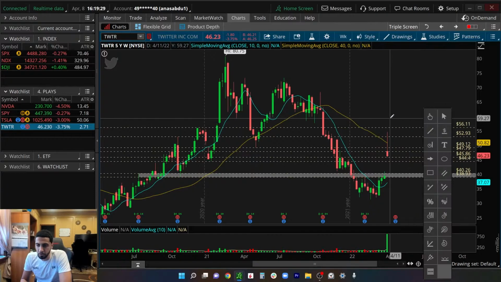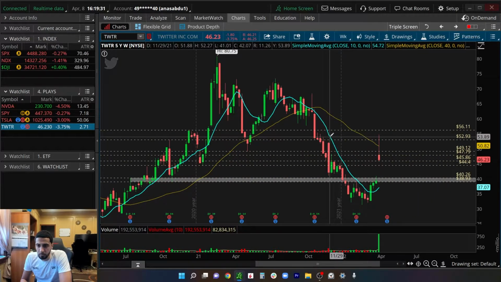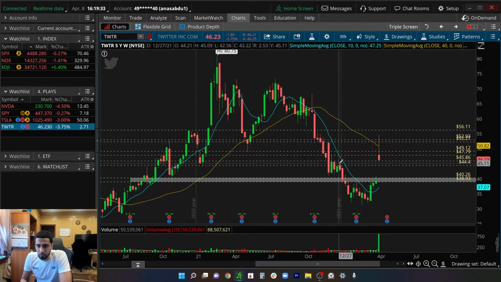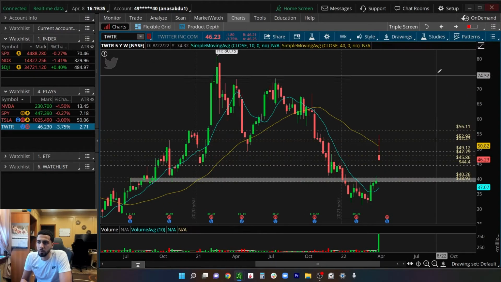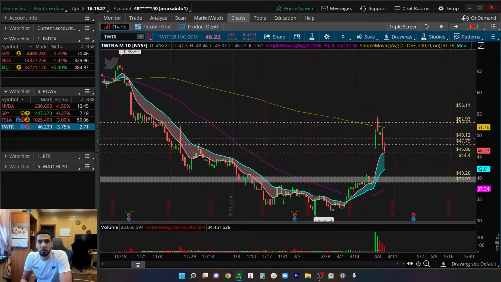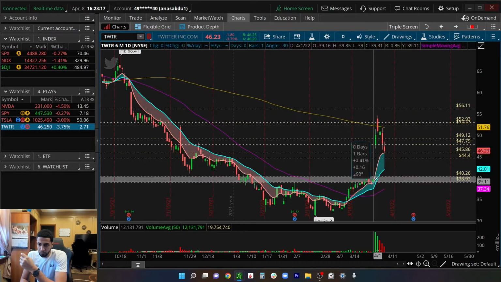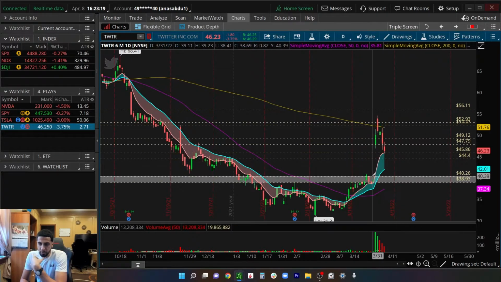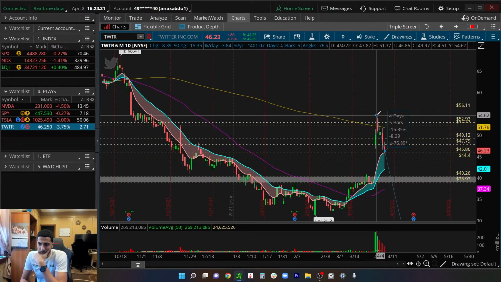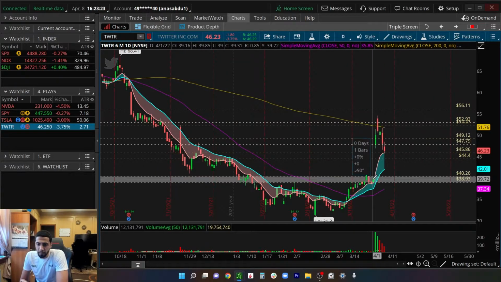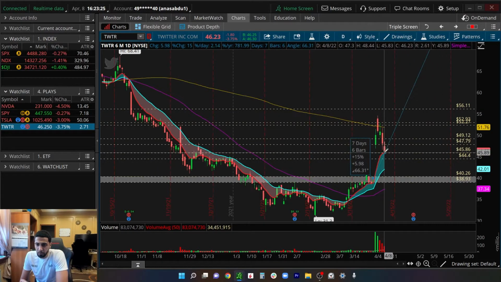So let's see here what we've got. Twitter here is very interesting, considering that it's up almost 18% since last Friday, and it's also down 15%. At one point it was up 36%, now it's up 15%.